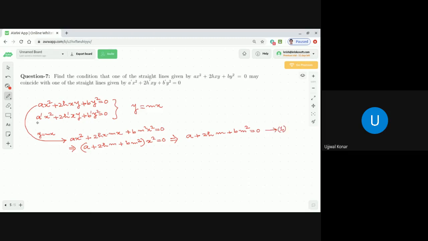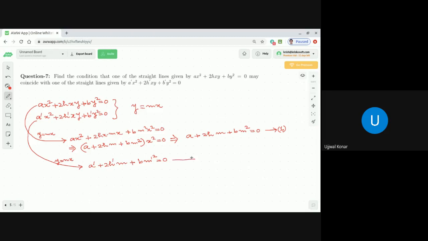Now, in the similar manner, in the second equation also you can apply y equal to mx, as y equal to mx is common to both pairs of equations. In the similar manner, we will get a dash plus 2 into h dash into m plus b dash into m square is equal to 0.